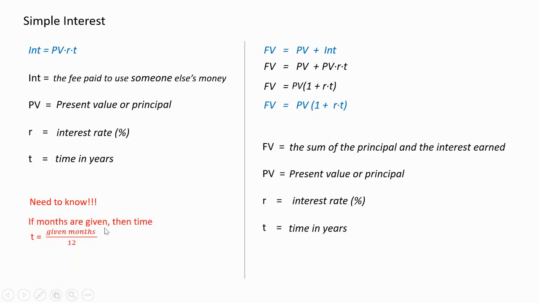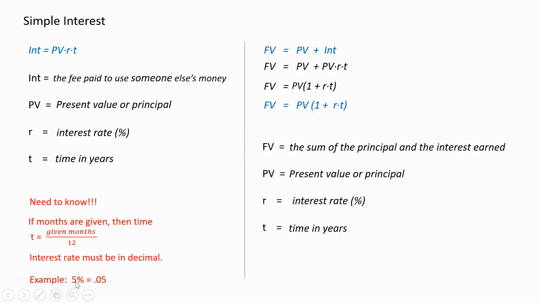If months are given, say, for example, the problem doesn't give you years, it gives you months, then you have to write down the given months over 12 for the time. And also the interest rate must be in decimal. For example, 5% is equal to 0.05.